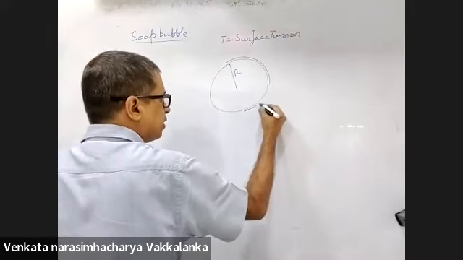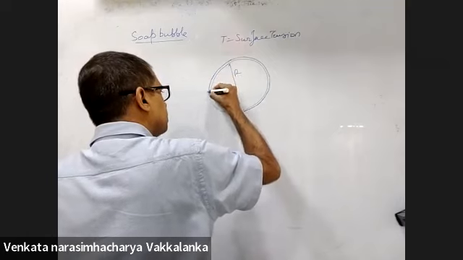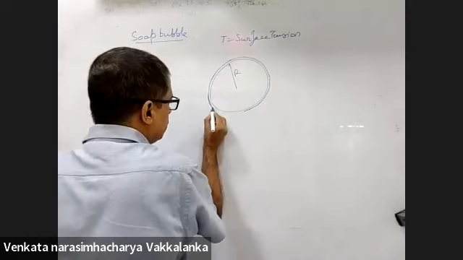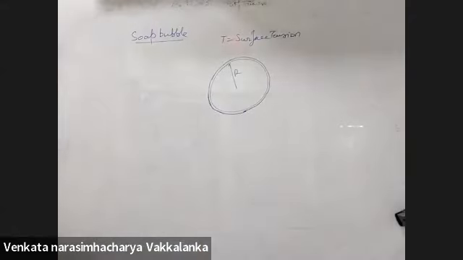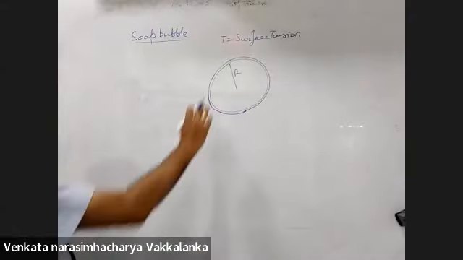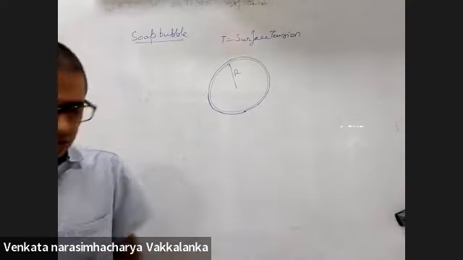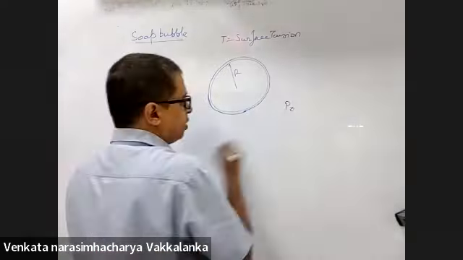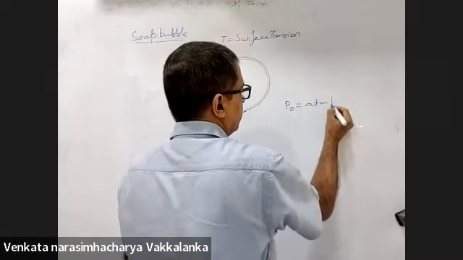Are we aware of it? 4 sigma. That's why the pressure difference you equate to 4T by R. This is of radius R. Write down this statement. Atmospheric pressure is P naught.